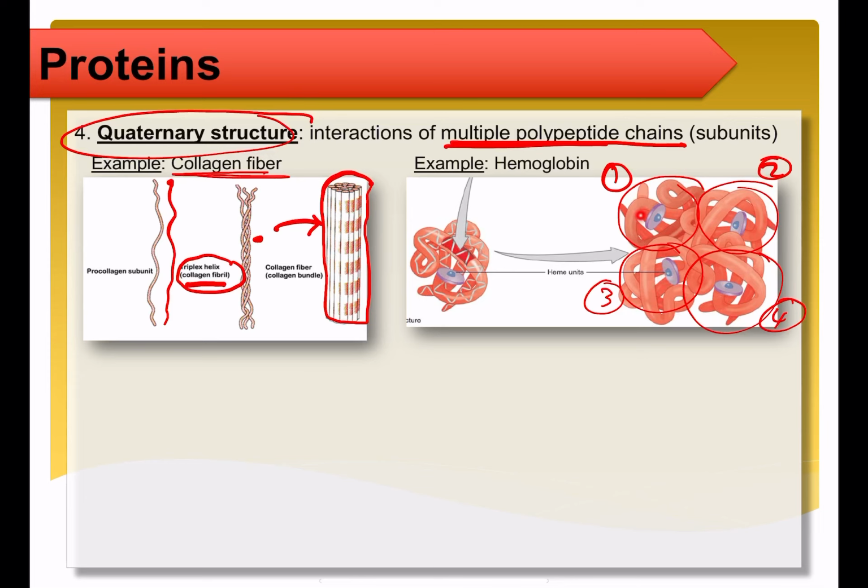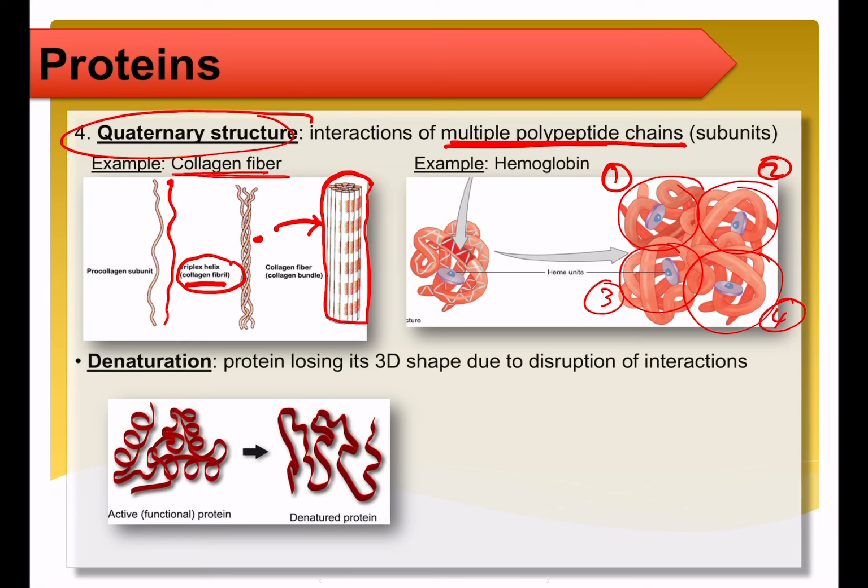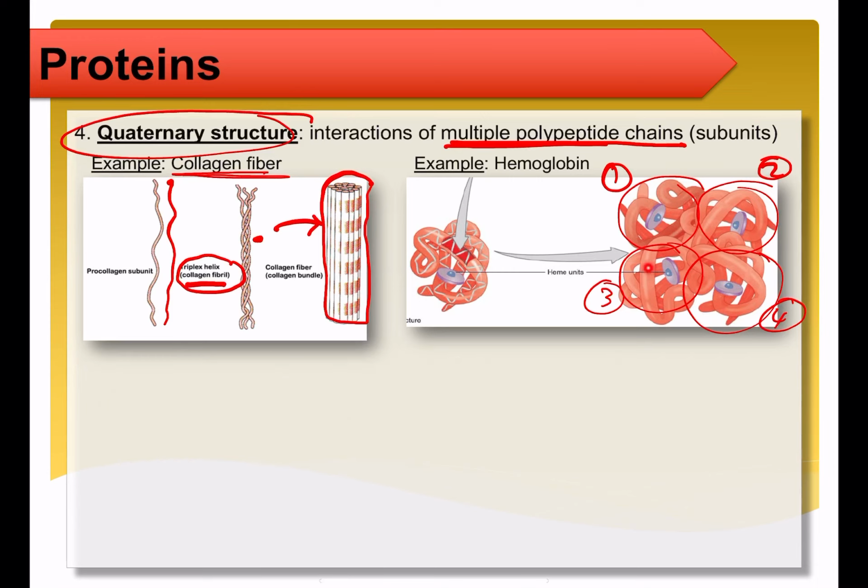This little purple coin looking thing here is where oxygen binds. And one of these is one polypeptide chain being able to bind one oxygen molecule. And one hemoglobin molecule can have 4 different oxygen molecules binding to it. Okay?